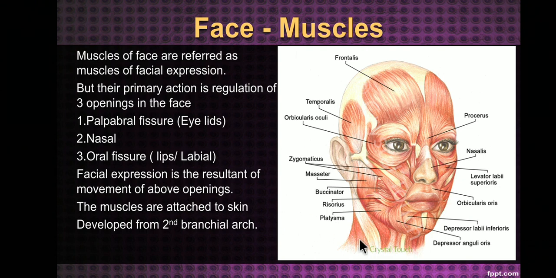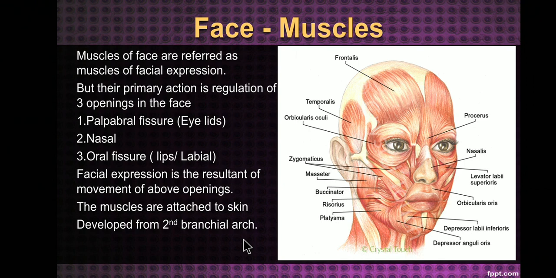They overgrow the first arch and are present around the face, and they are phylogenetically developed from a single muscle, which is called the panniculus carnosus, and are supplied by the facial nerve, which is the nerve of the second branchial arch.